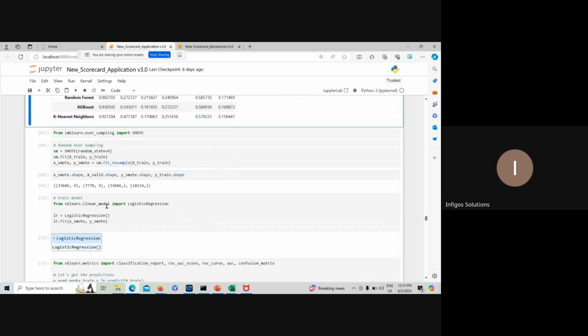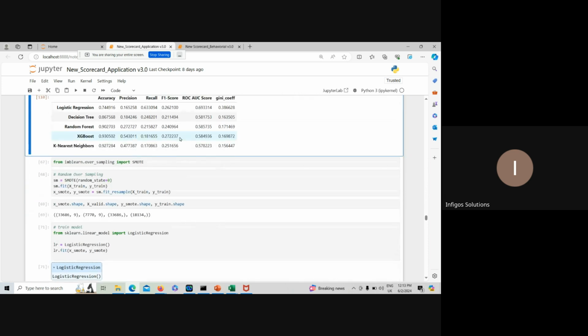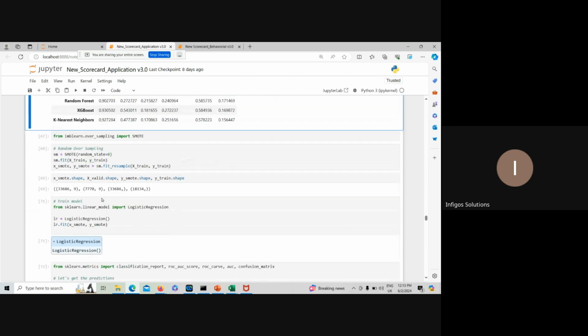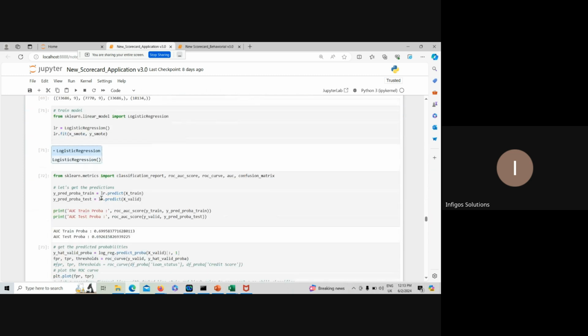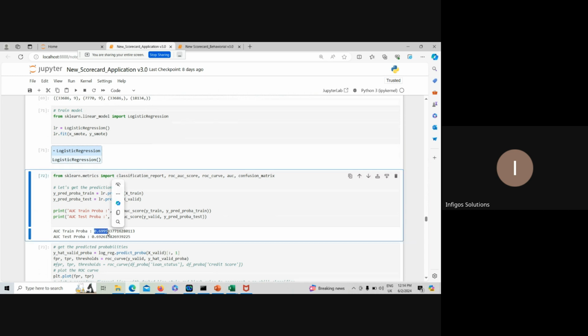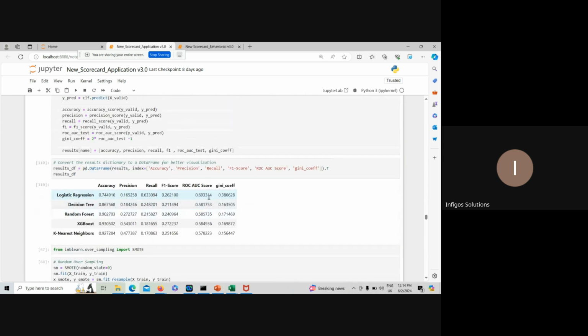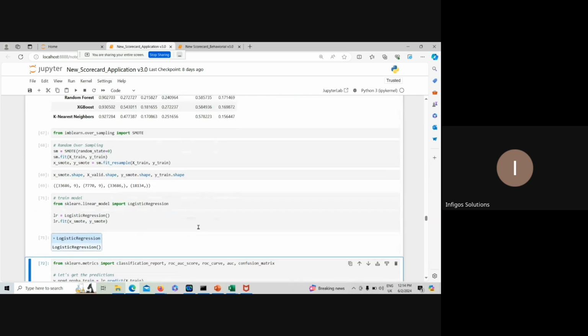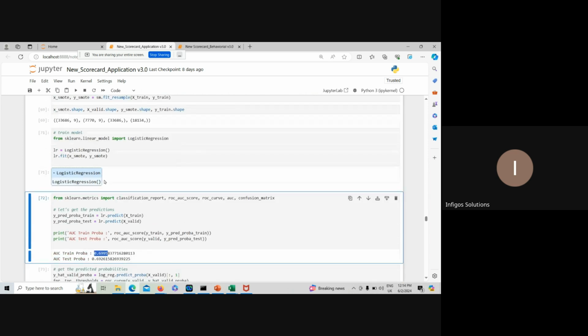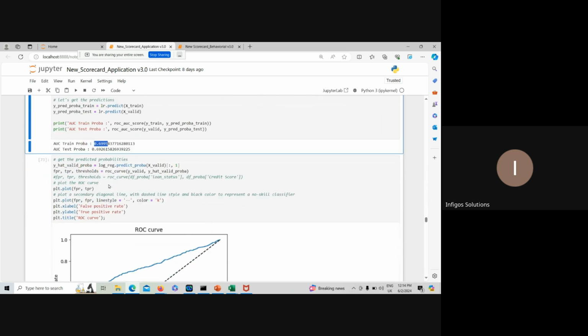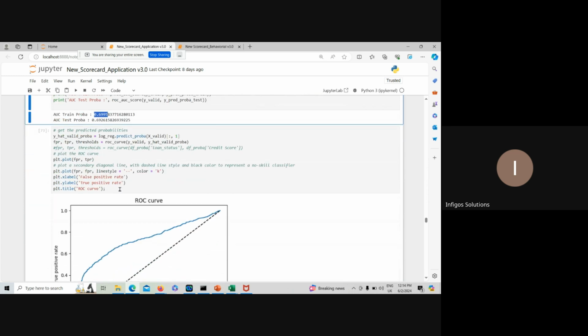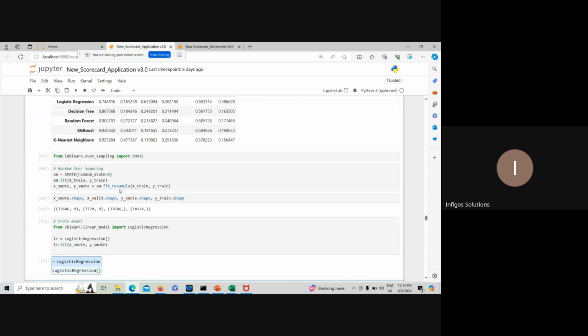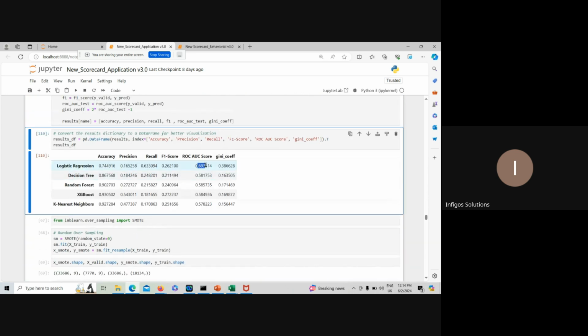And we have implemented SMOTE also because we wanted to improve the results. After applying SMOTE, we got an AUC of 69.9, which is very close to this one. We did not change this data set. So we got ROC here, 69.9.